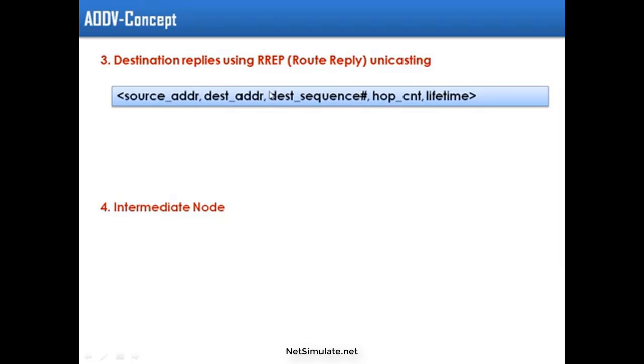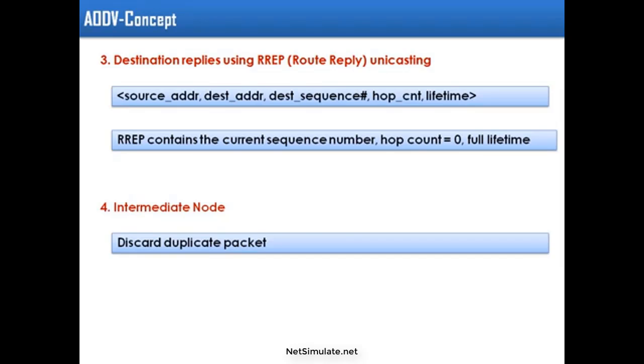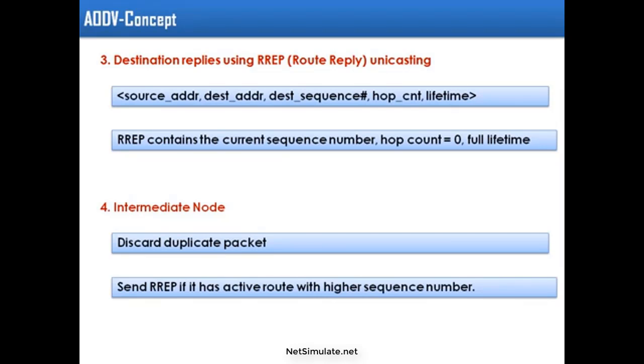When the destination sends this packet, it includes its timestamp, the hop count, and the lifetime. The lifetime specifies for how long this entry, this path, can be used. Intermediate nodes, whenever they hear a duplicate packet, will discard it.